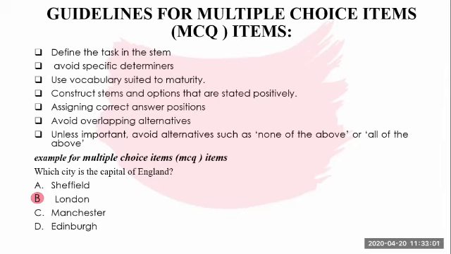Next, multiple choice items also assign the correct answer option. Avoid the correct answer in an extreme or particular position, perhaps D or C. Try to assign 25% of the correct answers to each available position.